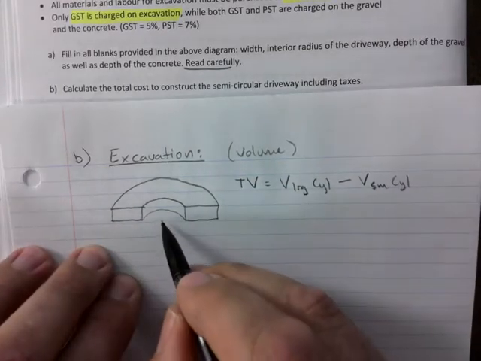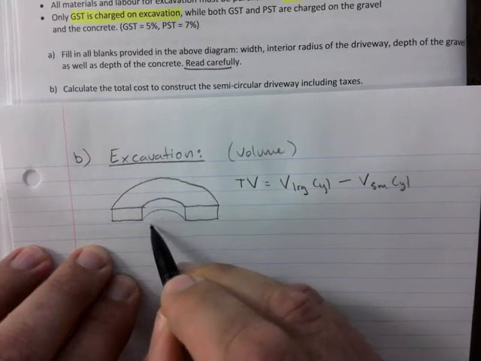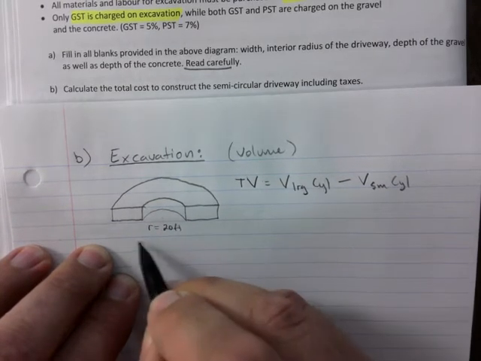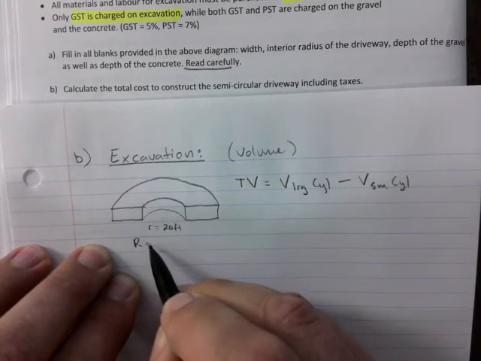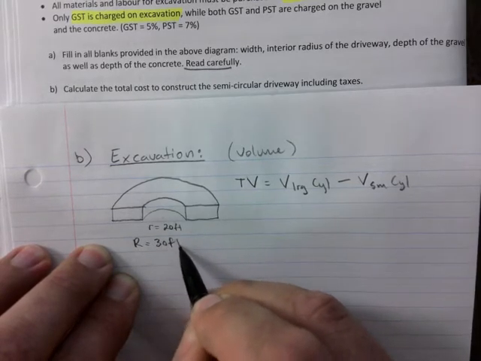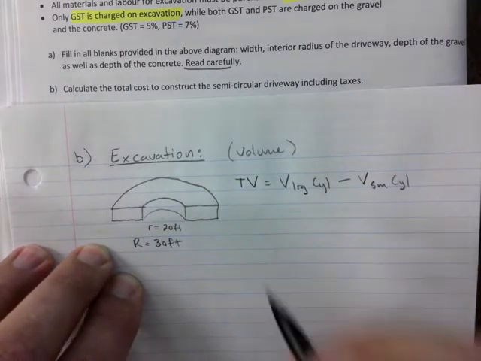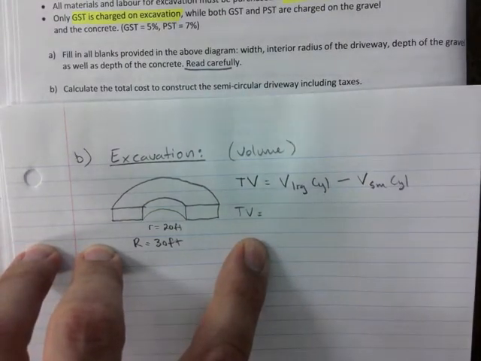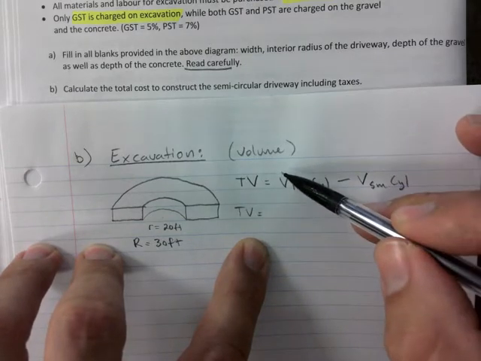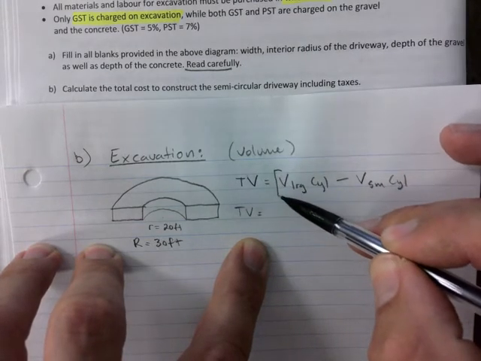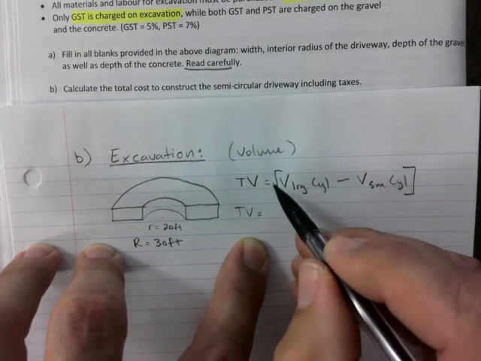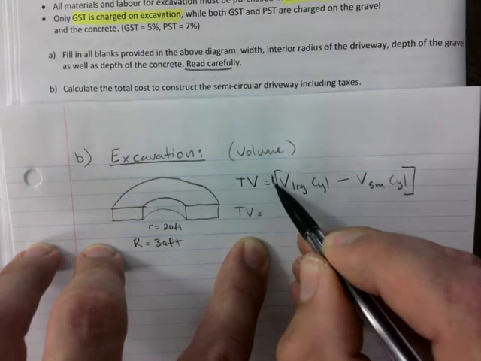So I'm just going to quickly say that lowercase r is 20 feet and capital R is 30 feet. Okay. So total volume is, oh, this is where I'm going to do the half. Sorry, I just wanted you to buy into it first. And I'm going to go, hey, square brackets. And in front of it, I'm going to go 1/2.